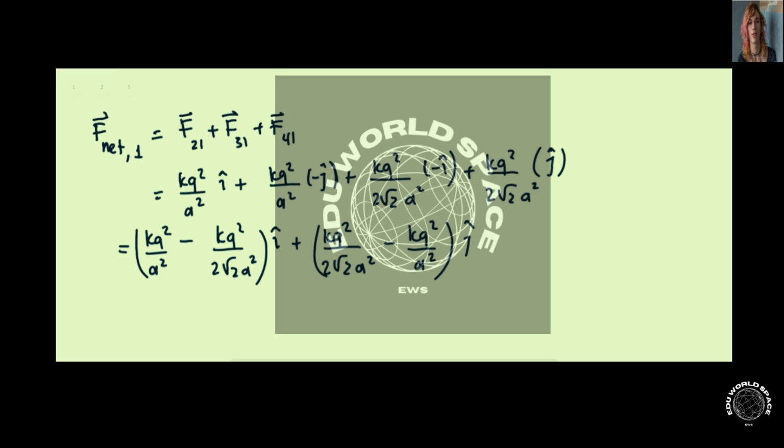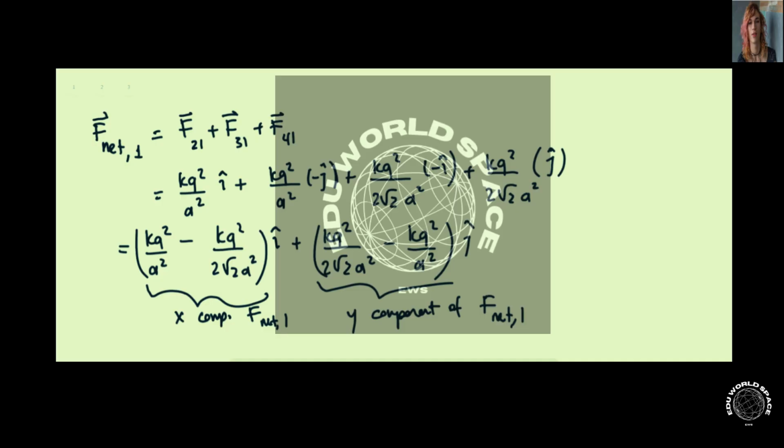This term gives us the x component of F net 1, and this is the y component of F net 1.